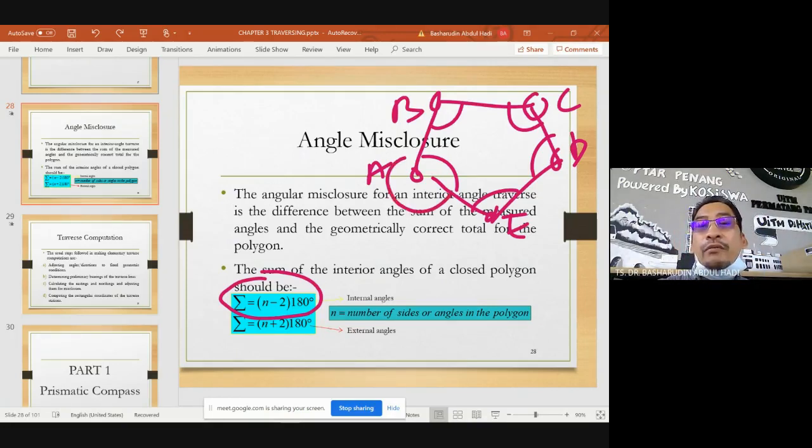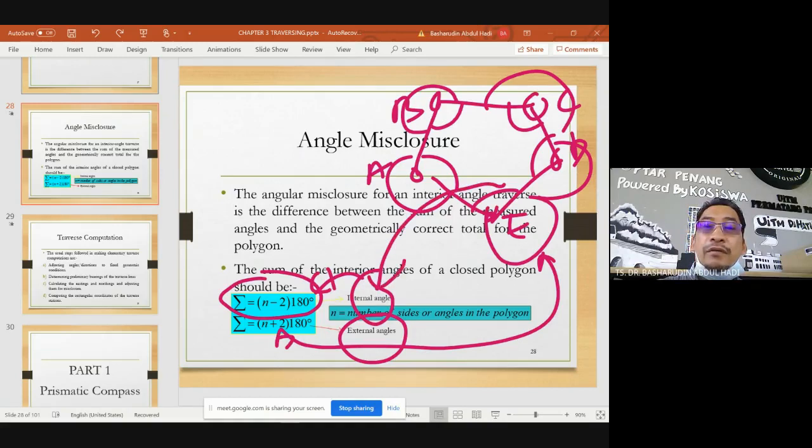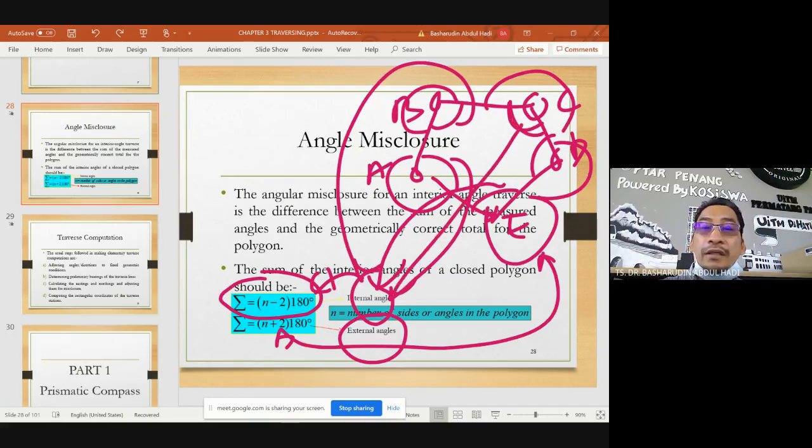The angle on the outside we call the excluded angle, so the formula is N plus 2 times 180 degrees. External angle and internal angle. External here, internal here. So this one is internal, this one is internal, this one is internal, this one is internal.